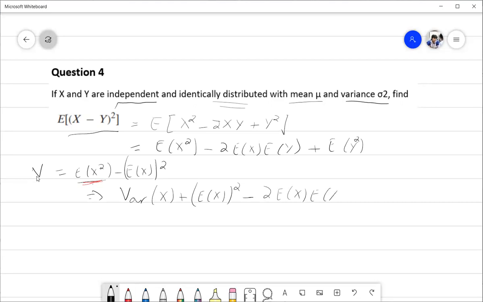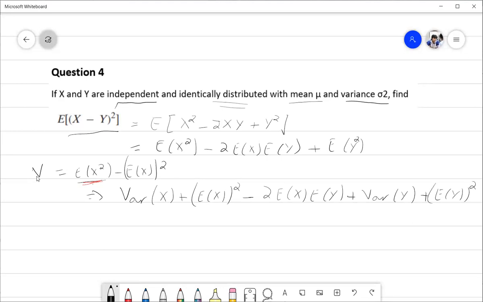We also know expectation of y, we will leave it as this. And the same case with E y square, that will be variance of y plus expectation of y whole square.